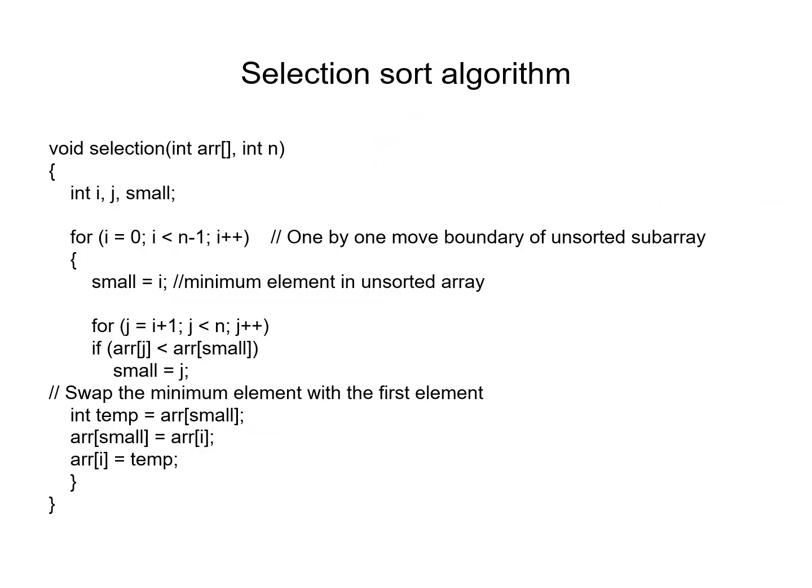If you see the algorithm of this particular selection sort, I will pass the array and I will pass the size of the unsorted array here. So I, j and small. You will start from 0 and go up to n-1.